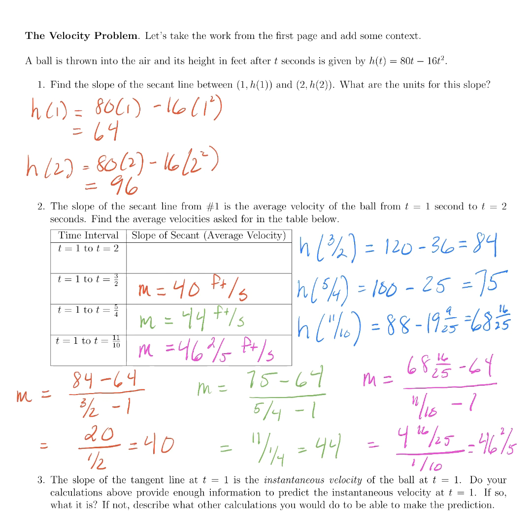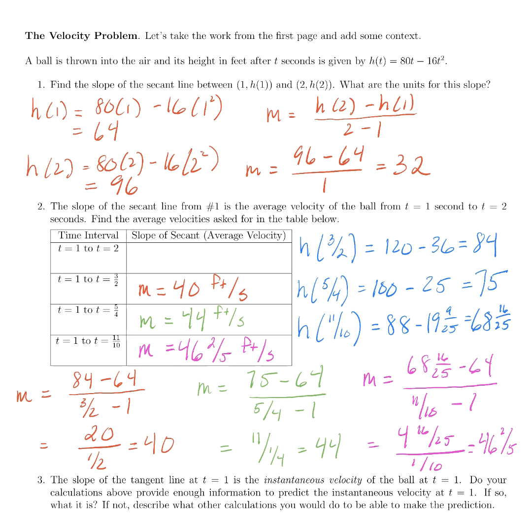Okay, so now the slope of this line is going to look like h of 2 minus h of 1 divided by 2 minus 1. And that slope then is h of 2, which is 96, minus h of 1, which is 64, divided by 1, or 32.